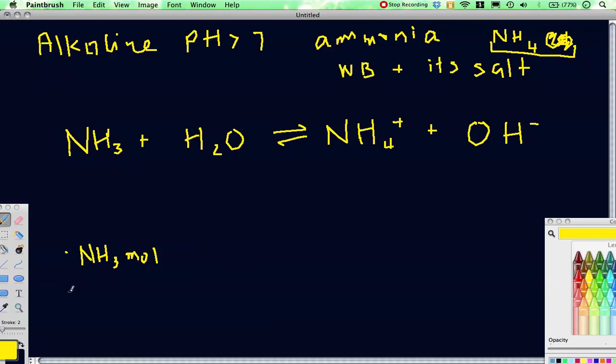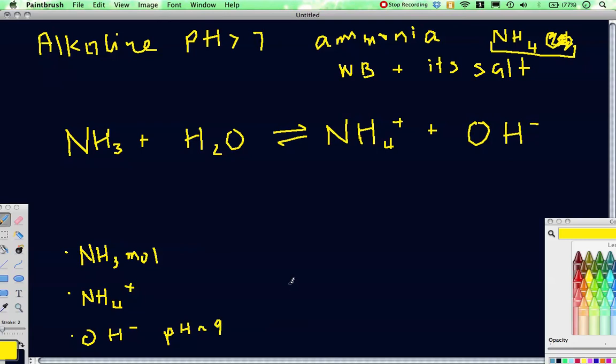We've also got lots of ammonium ions because we've dissolved this ammonium chloride salt in the solution. And we've got a few, but not many, hydroxide ions, which gives us a pH of greater than 7. In fact, for this setup, the pH sits at approximately 9, so it's slightly alkaline.